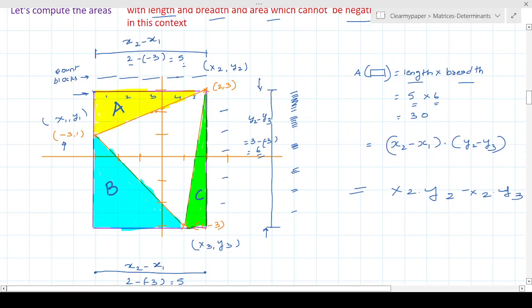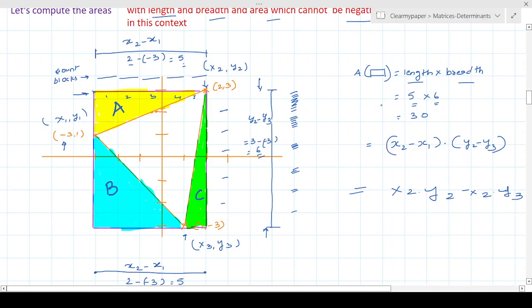Alternatively, I know that this line is parallel to the y-axis, and if I take this point over here, and this point which is slightly tucked in, but doesn't matter, if I draw a straight line, the y value does not change. So if I just take the difference of either y2 and y3 or y3 and y2, it does not matter, because we're always going to take the answer as positive. Then the answer is, both the y coordinates, 3 minus 3, is equal to 6. That's how I'm getting it, right? And that's what I've written here.